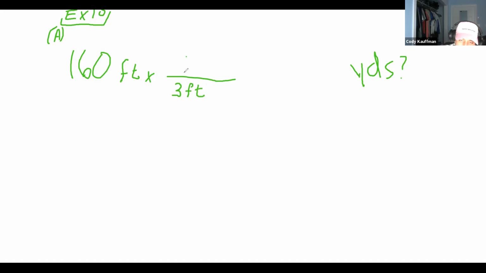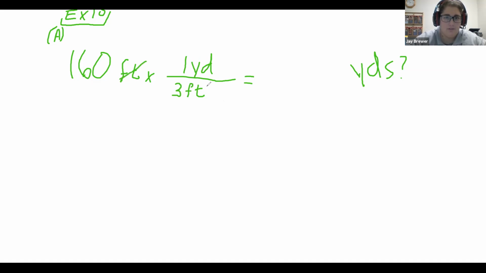You know how sometimes people love to say, well, when are we gonna use this? I actually can tell you when you're gonna use this. You will use this conversion, not every single conversion, but you will definitely use this idea of balancing and converting in chemistry.